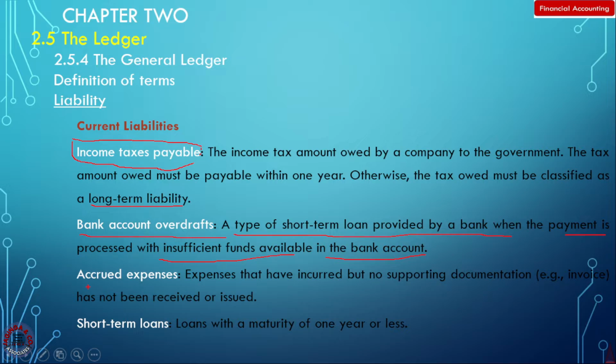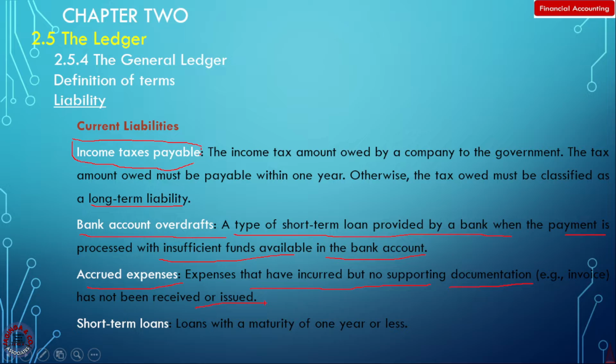Then we also have accrued expense. So when you talk about accrued expense, you're saying that expenses that have been incurred but no supporting documentation like an invoice has been received or issued. So accrued expense can be rent.